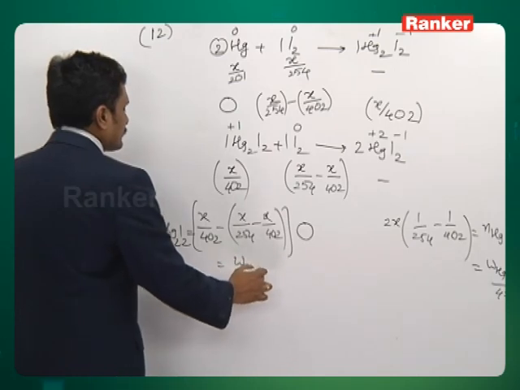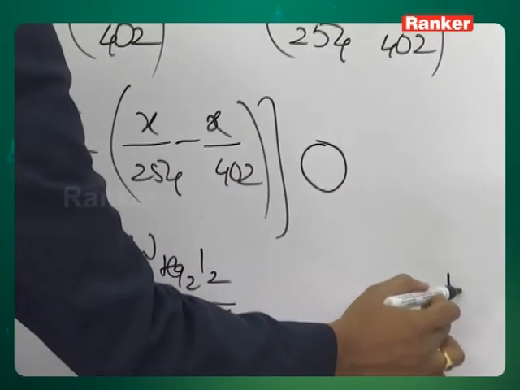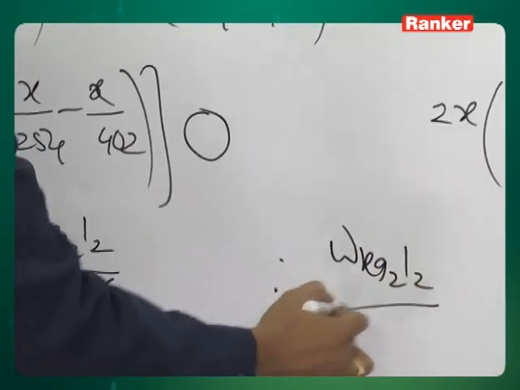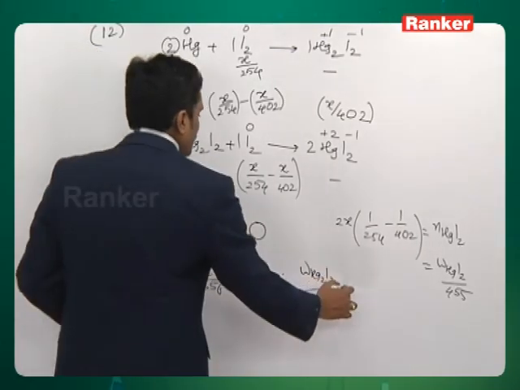Now therefore, the weight ratio of mercurous iodide and mercuric iodide in terms of X can be obtained.